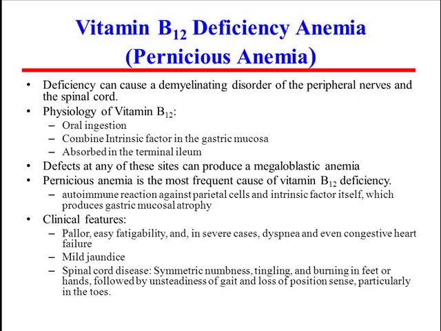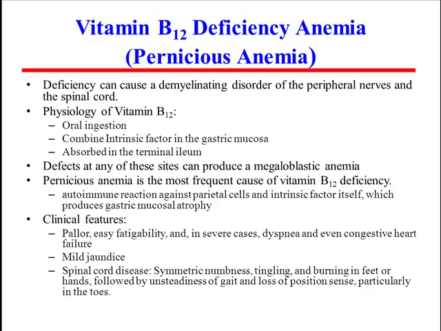So in pernicious anemia, which is the most frequent cause of vitamin B12 deficiency, there is an autoimmune reaction against the parietal cells and the intrinsic factor, and so that will cause the mucosa of the stomach to atrophy.